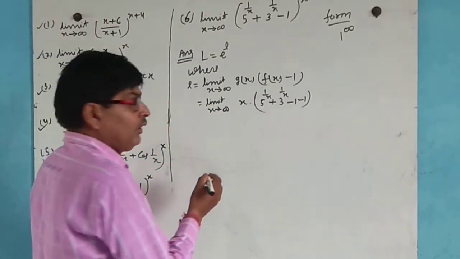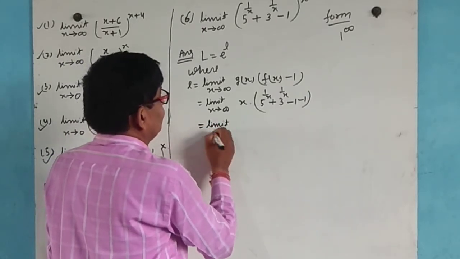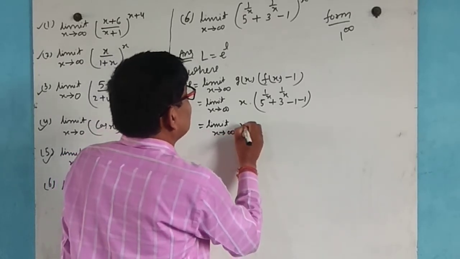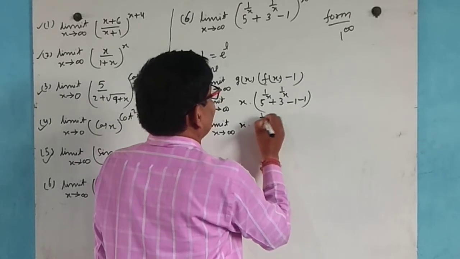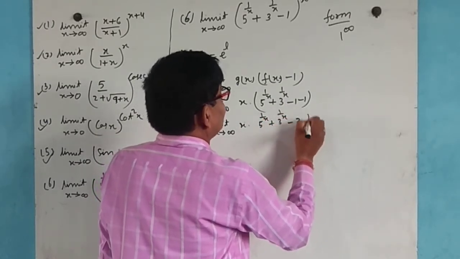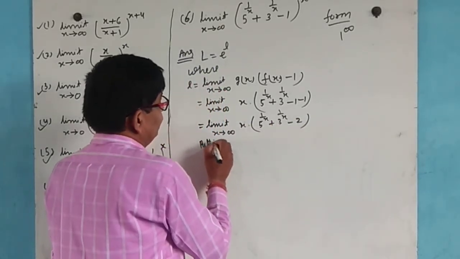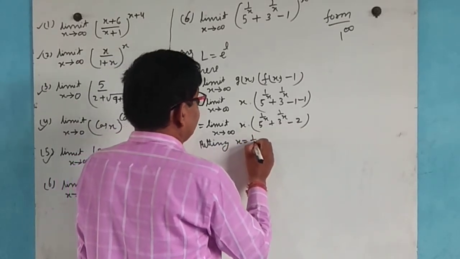This can also be written here. Limit x tends to infinity, x into 5 to the power 1 by x plus 3 to the power 1 by x minus 2. Put x is equal to 1 by t.